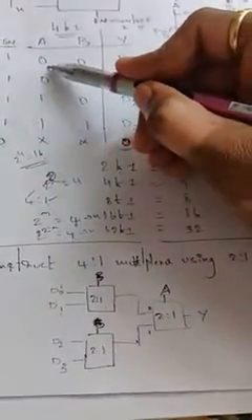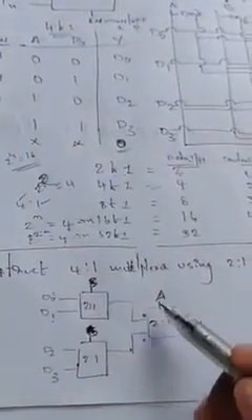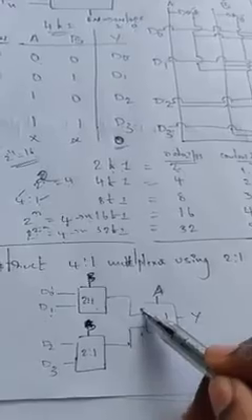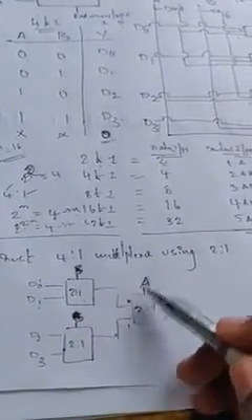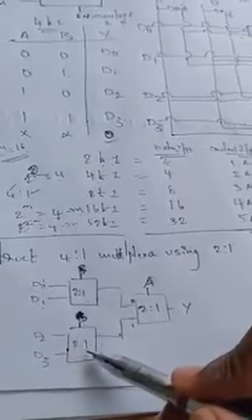So look at this table as well as this table. Okay, this is A, this is B, right? A is 0 means it will concentrate on the upper multiplexer. Whenever A is 1, it will concentrate on the lower multiplexer.